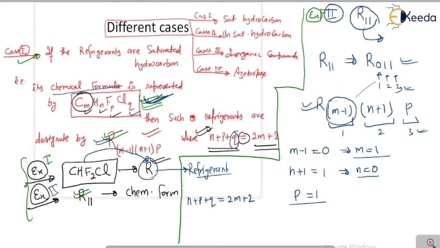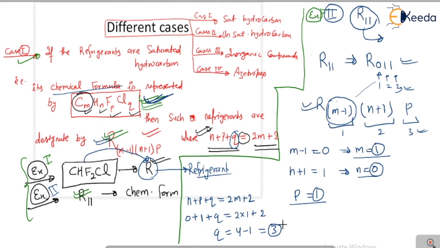The value of n is 0, the value of p is your 1, and the value of q is unknown, and the value of m is 1, 2 into 1, and the value of this is our only constant value. So my dear friends, here q is just equal to 4 minus 1. This one value is going to be in the right hand side. That means the value of q is 3, the value of p is 1, the value of n is 0, and the value of m is your 1.